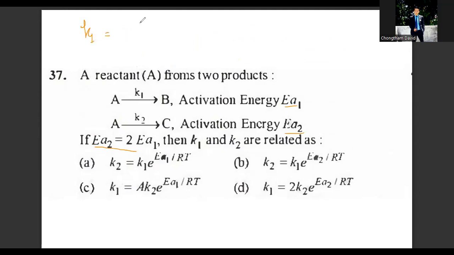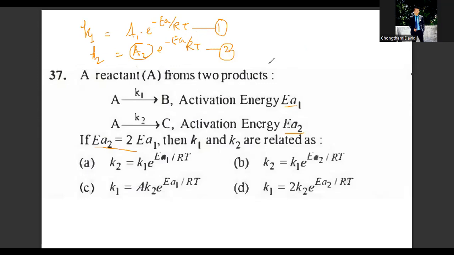Let us write the Arrhenius equation. k1 equals A1, the Arrhenius factor, times e raised to the power minus activation energy by gas constant into temperature, this is temperature, not time. And k2 equals A2, the Arrhenius factor, times e to the power minus activation energy by gas constant and temperature.